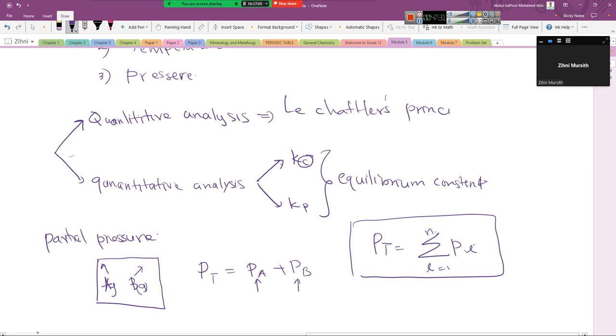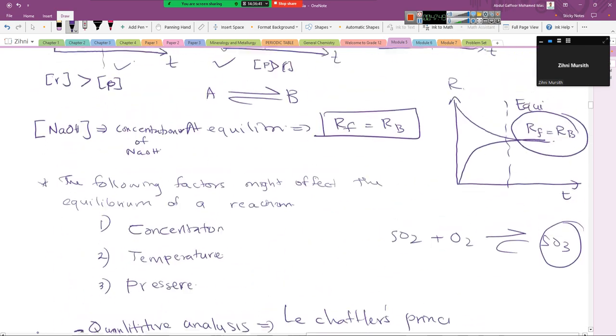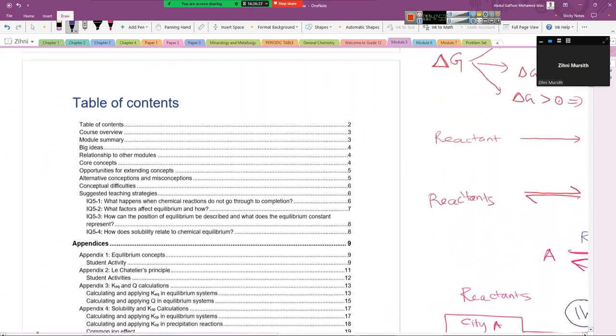As I told you, in the equilibrium constant equation, in the first equation we will be having concentration of components, and here we will be having partial pressures in the equation. So we are going to study some equations, that's all. Now we will first look at Le Chatelier's principle.